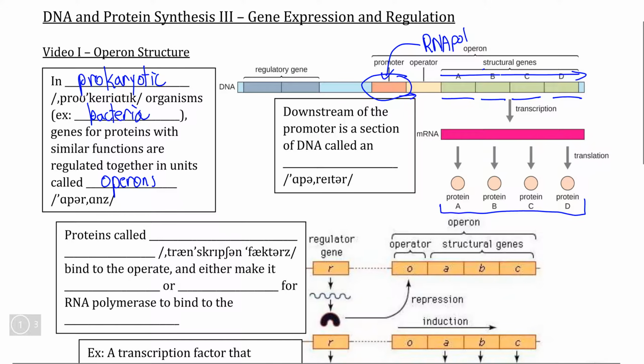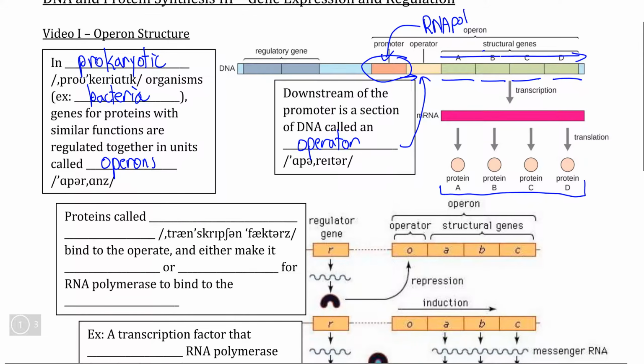Now, downstream of the promoter is another regulatory sequence called an operator, and this is where the name operon comes from. Now, rather than RNA polymerase binding to the promoter, there is a specific family of proteins that we call transcription factors that will bind to regulatory sequences such as an operator, and depending on what these transcription factors do and how they bind to the operator, it could have one of two possible effects.